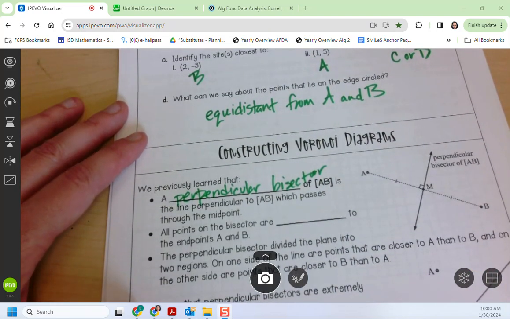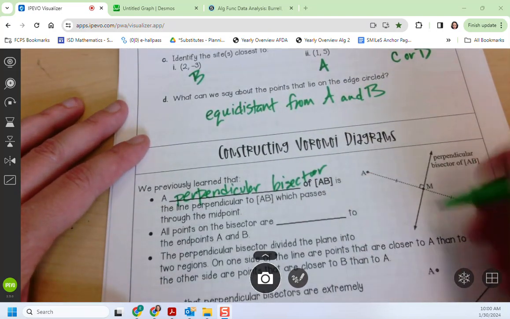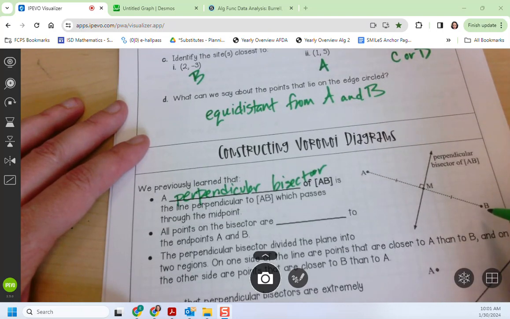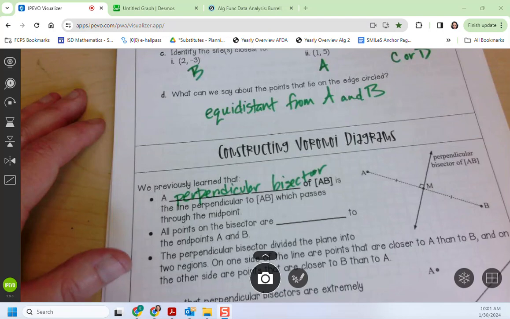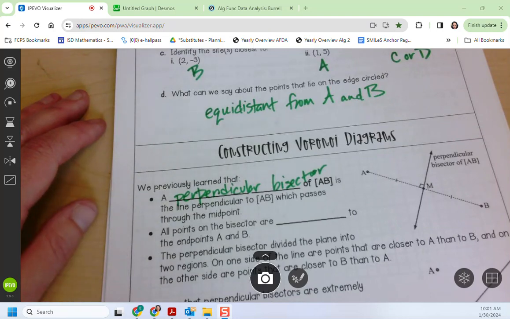The perpendicular bisector of AB is a line that is perpendicular to AB and passes through the midpoint. To draw Voronoi diagrams, you need to draw perpendicular bisectors. So you need to know how to find the midpoint, and you need to know about perpendicular slopes.